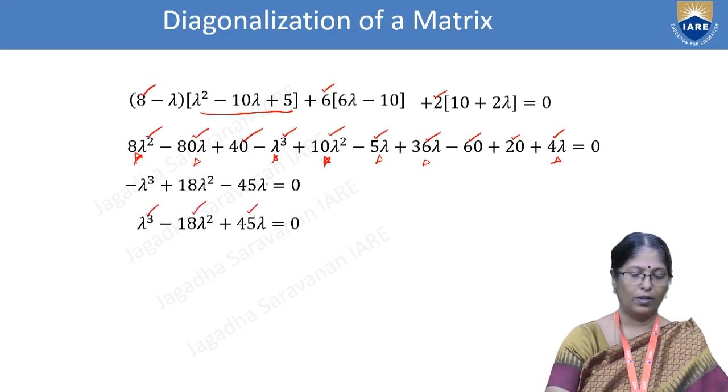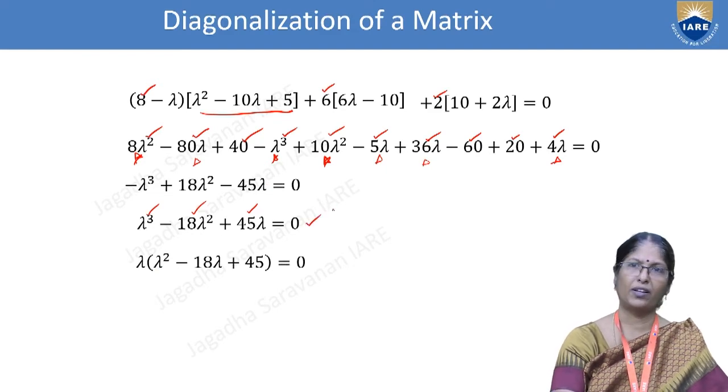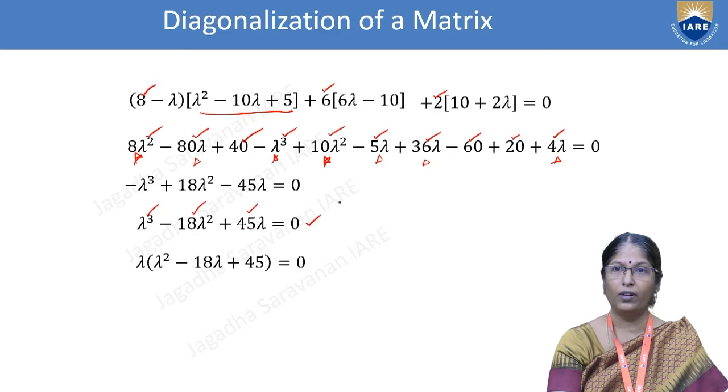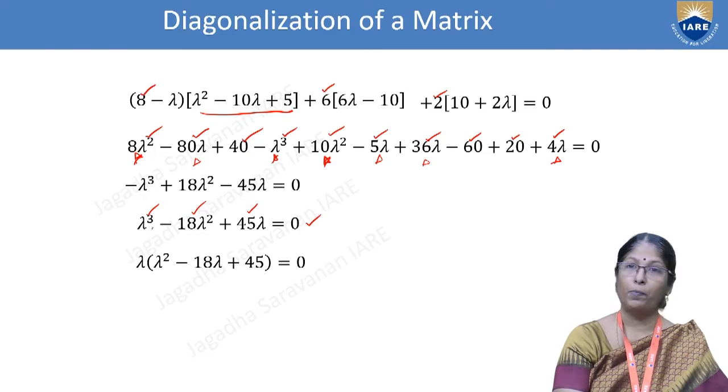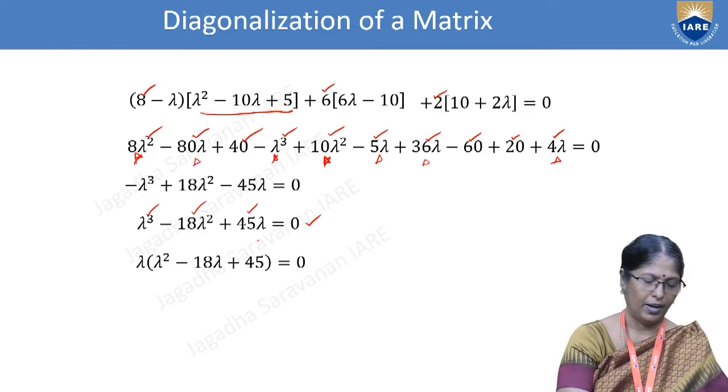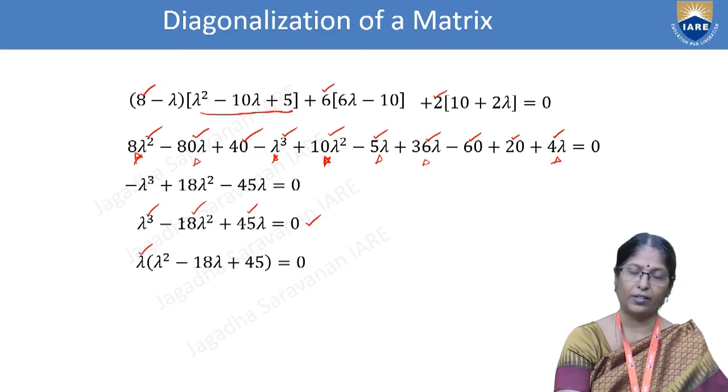Now it is a cubic polynomial. We will get compulsory a cubic polynomial because it is a 3 by 3 matrix is our given problem, and here completely the lambda is common, it has taken out. So the balance, it is written inside the bracket.